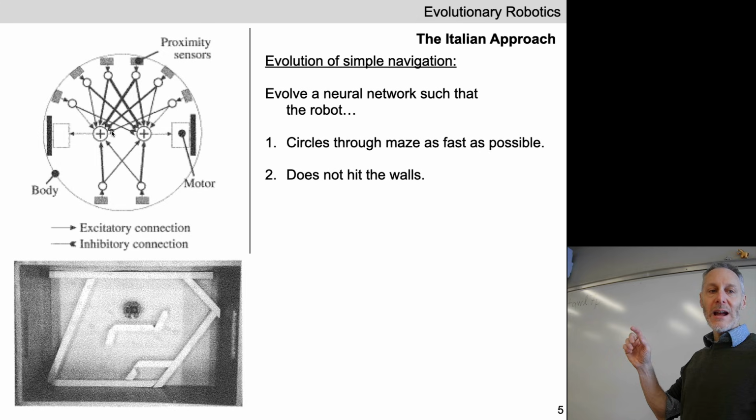So the evolutionary algorithm is going to drop sets of synaptic weights into this Kepra robot, one set of weights after another, and the desktop is going to need a fitness function, some way to evaluate how well or how poorly that set of synaptic weights causes the robot to circle around the maze and not hit the walls.